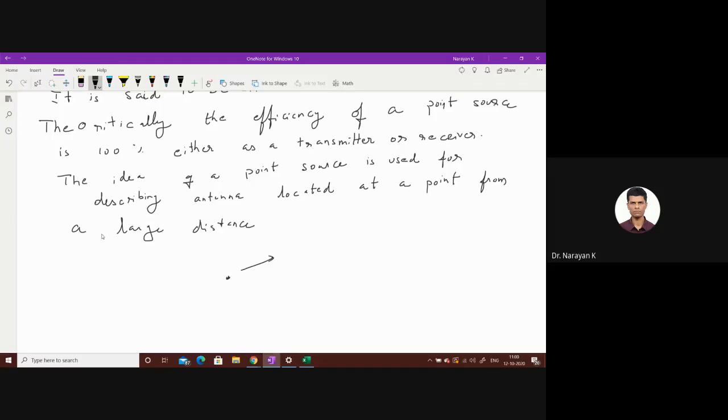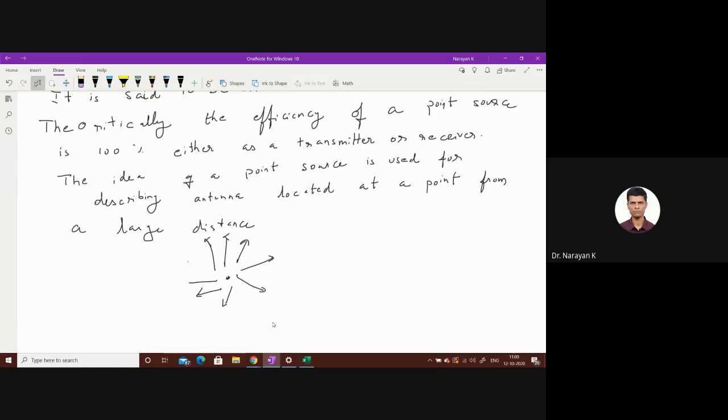So this is your point source. This is how your radiation pattern will be, all radial components. This is nothing but a point source. So all will be your radial components.